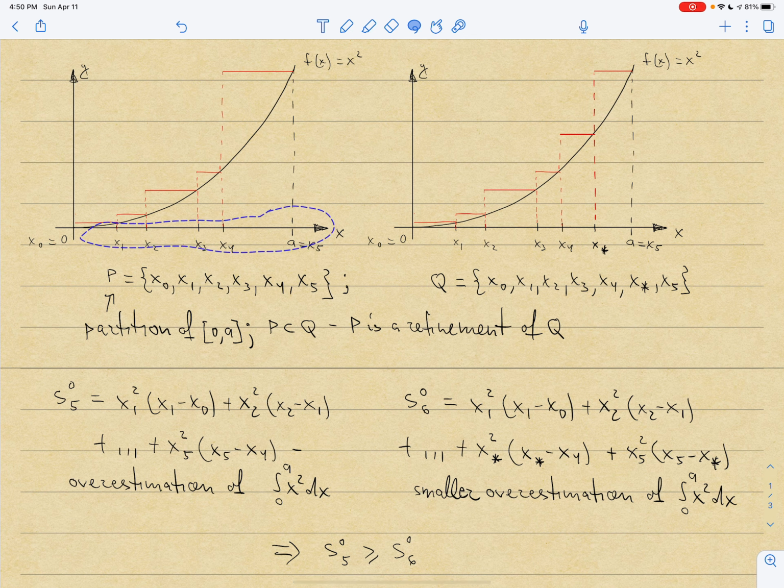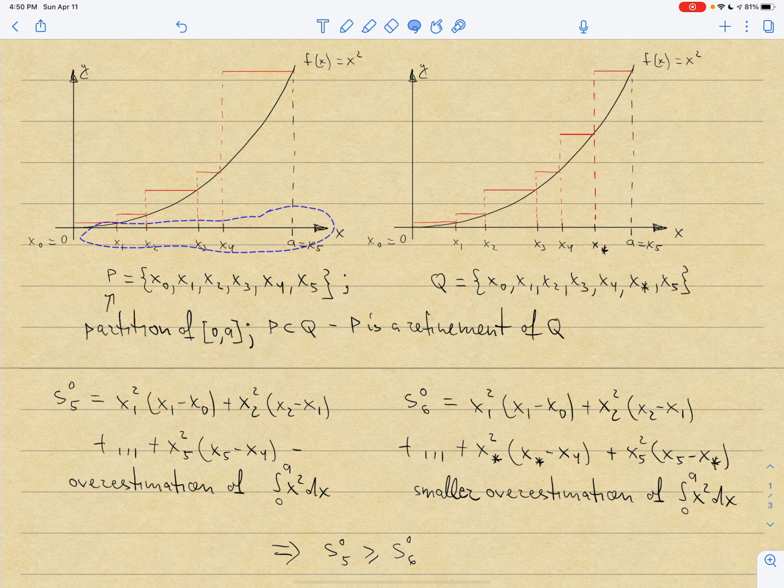In principle, we saw that you can specify a blue point inside the interval, let's say from x0 to x1, and use the value of the function at that point, which I called x1 star, as the point where I would compute the height of a rectangle. But in this case, I'm not going to look at the interior points.